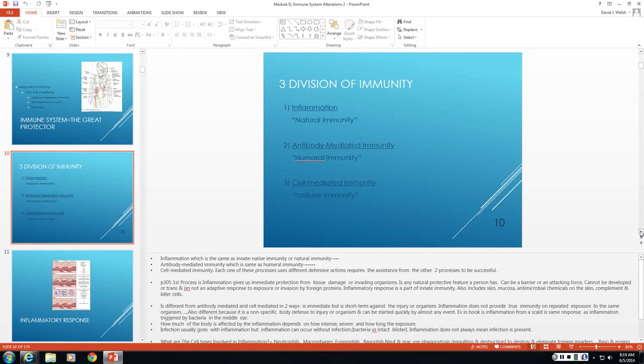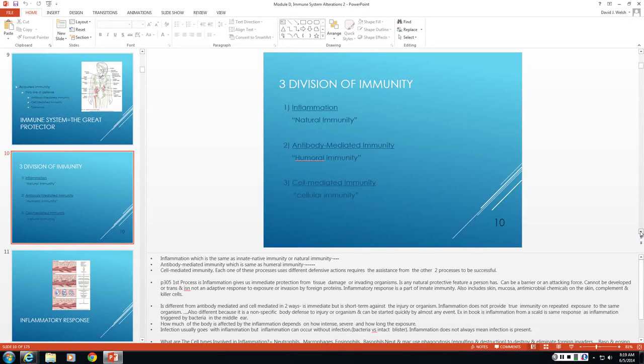tissue damage or invading organisms. It's any natural protective feature a person has. So it can be a barrier or an attacking force. It cannot be developed or transferred, and it is not an adaptive response to exposure or invasion of foreign proteins.